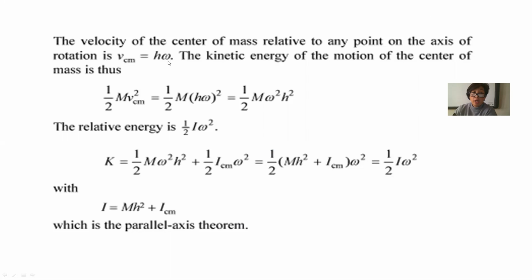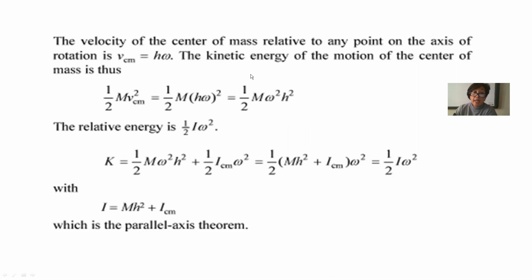Here we replace v in the formula with h omega. This gives omega squared, h squared. E will be the relative energy, we know, E omega squared divided by 2. This is the formula.